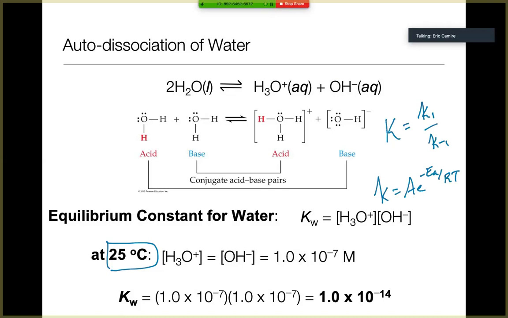So we do know Kw is temperature dependent. So I'm going to say right now, all acid-base problems, unless otherwise specified, will be at 25 degrees C. Effectively, what that means is you can just always use this number of 1.0 times 10 to the negative 14th to be Kw, right? And you get that by multiplying the concentration of hydronium by the concentration of hydroxide.